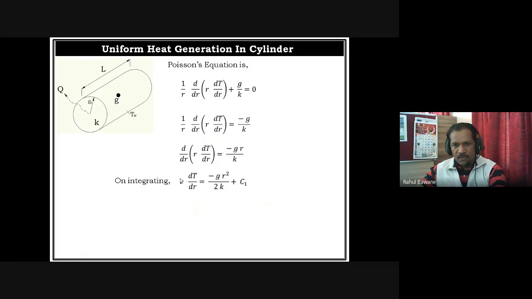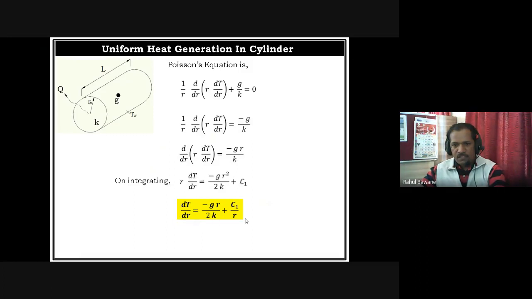Now we shift this r to the right hand side before integrating again, so it will cancel the square, and it will be c1 by r. So rearranging this, we get the dT by dr form. So dT by dr is equal to minus g r upon 2k plus c1 upon r.